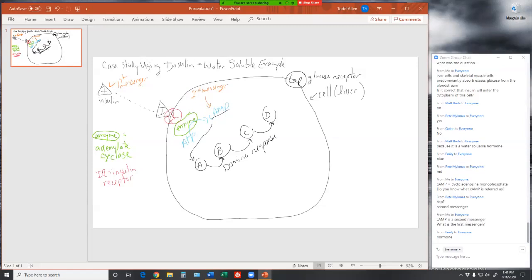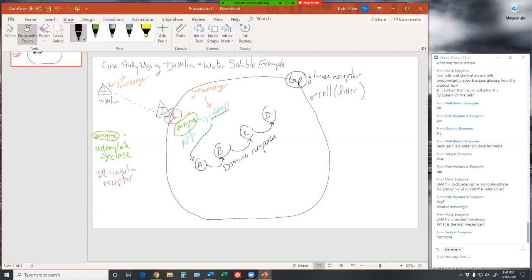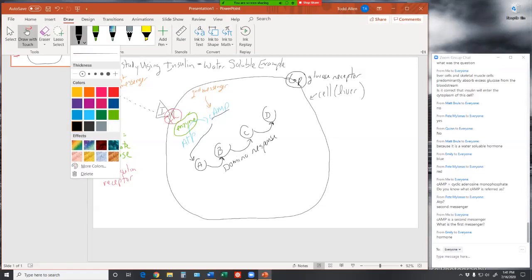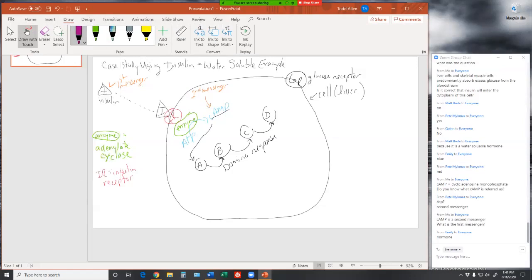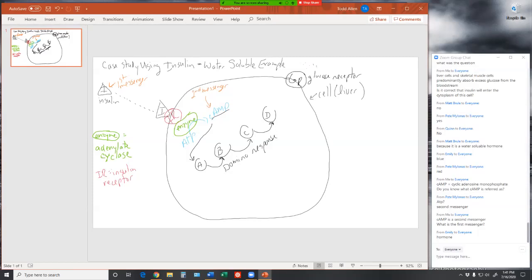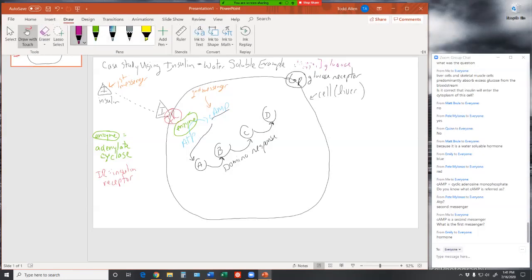All of this stuff is happening so that the cell can respond to the insulin by ultimately taking any excess glucose that's in the bloodstream. I'm going to put some dots up here that are purple, and I'm just going to call that a group of glucose. What will happen is this domino response will take place.